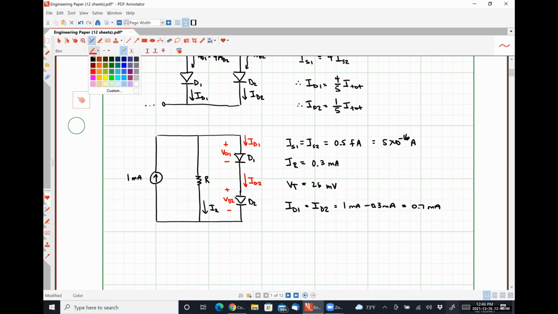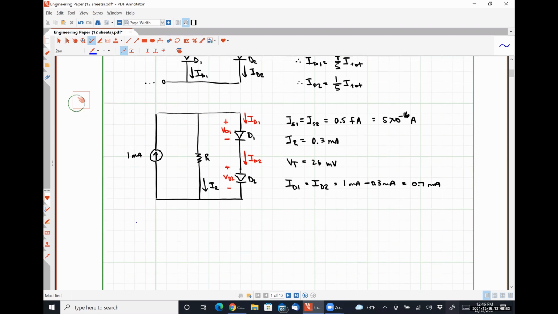So let's revisit our Shockley diode equation, which says that ID is equal to IS multiplied by the exponential of VD, our diode voltage, divided by VT, our thermal voltage, minus 1.